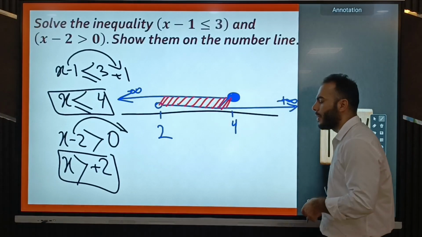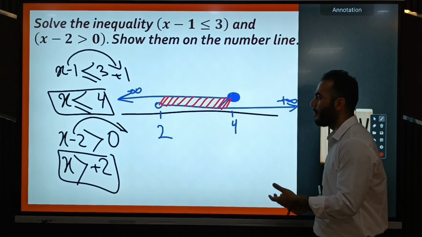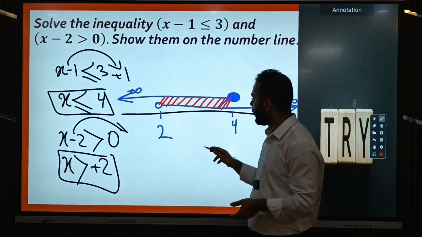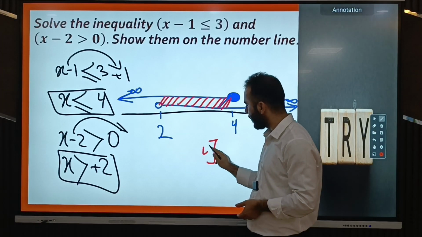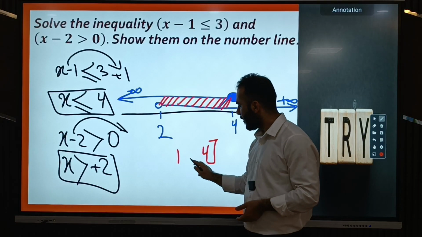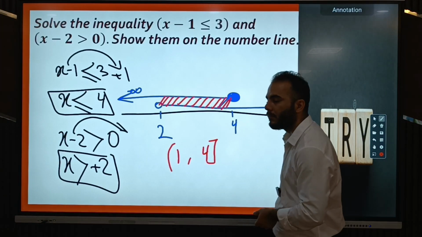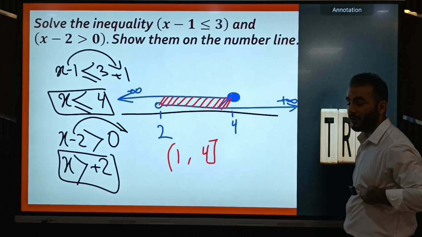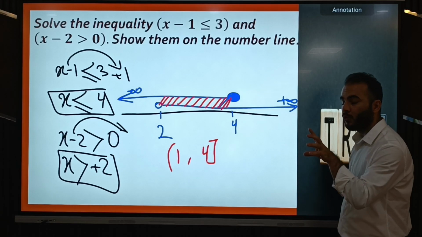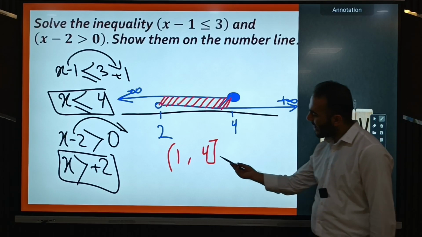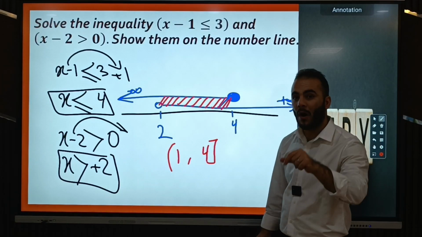Okay, so if you are going to show it as a number line or as an inequality, as an interval, we are going to say that from 4, 4 is closed here, and from the left side it's 1. But be careful, 1 is open, because 1 doesn't work for one of them. So the intersection means that a number should work for both inequalities. So in that set, let's just try 1.